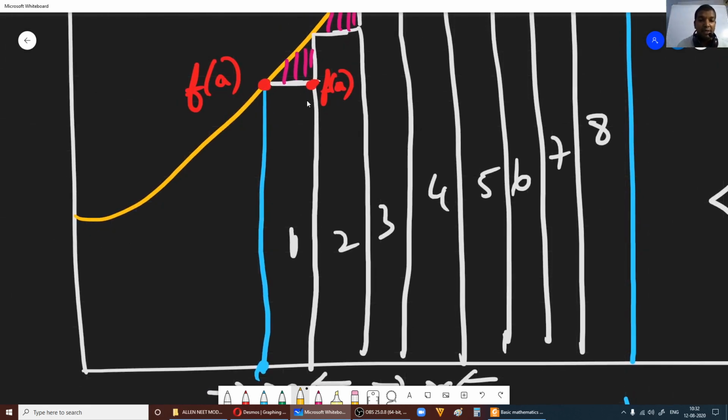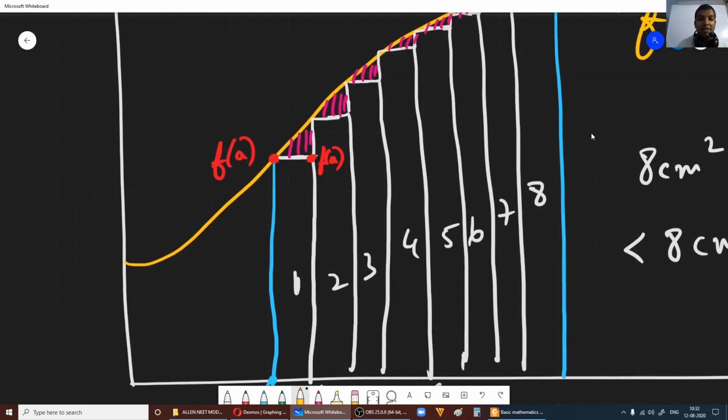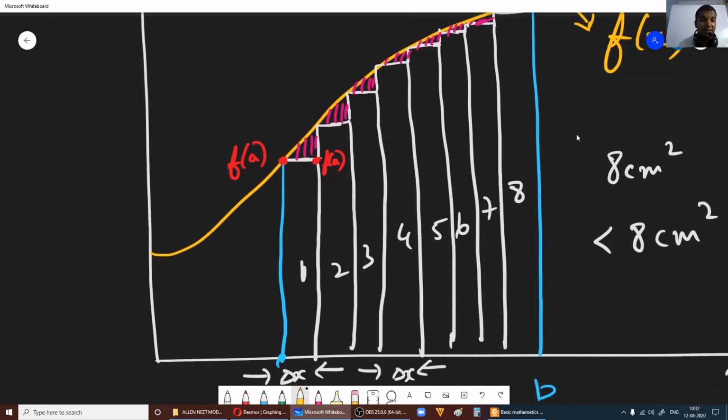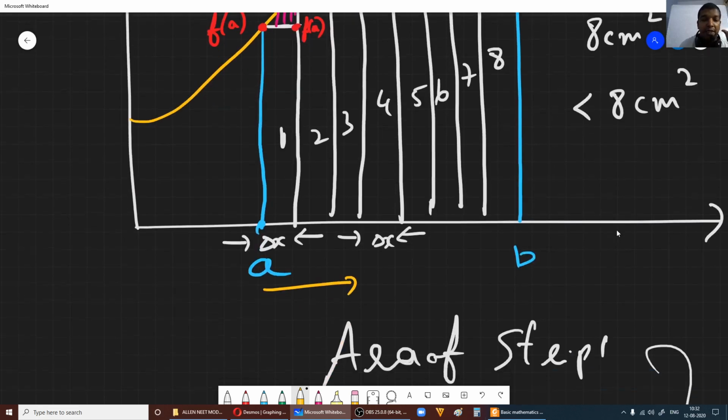Here I have just considered one possible approach to find out the area under the curve. So I can consider delta x, but how can I find out the area of the strip?